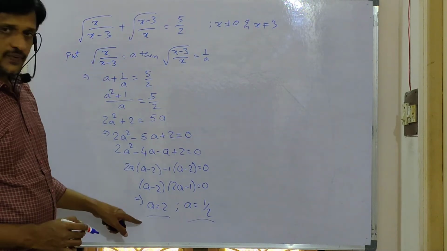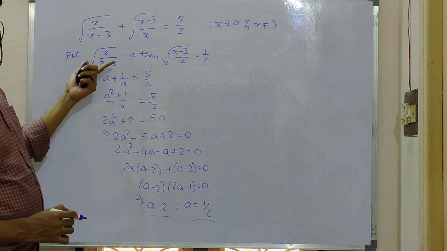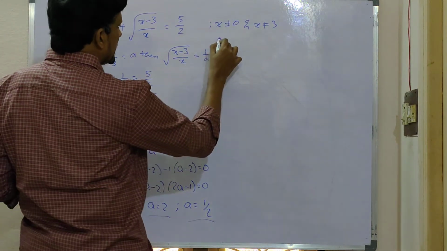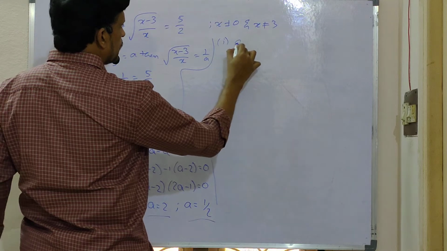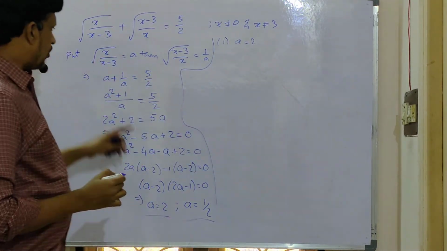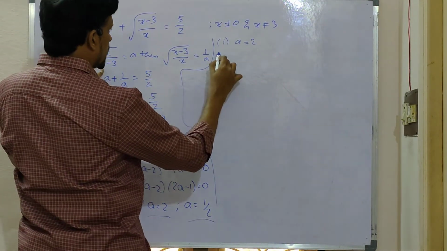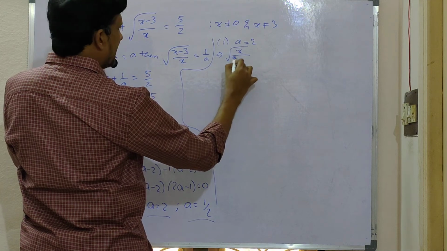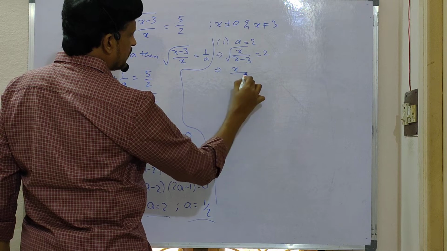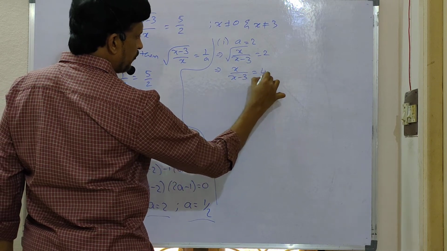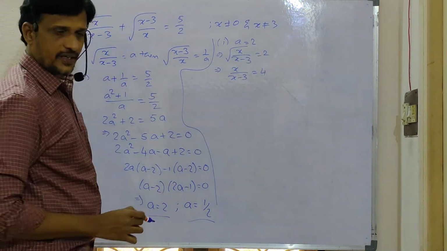Now corresponding to each value of a, you have to obtain the x values. Now here the first case is if a is equal to 2. a is equal to 2 means root of x by x minus 3 is equal to 2. Squaring on both sides gives x by x minus 3 is equal to 4. The whole square eliminates the square root.